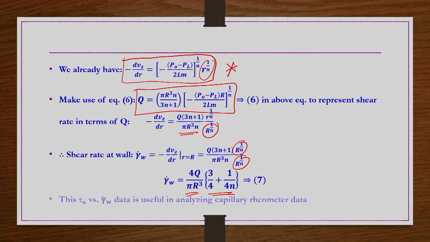Okay. So, now you got the shear rate expression also in addition to the shear stress. Now, what we got till now? We got the velocity distribution, volumetric flow rate expression, shear stress distribution, shear rate distribution, etc. all those things we have seen. So, now what we are going to do here?